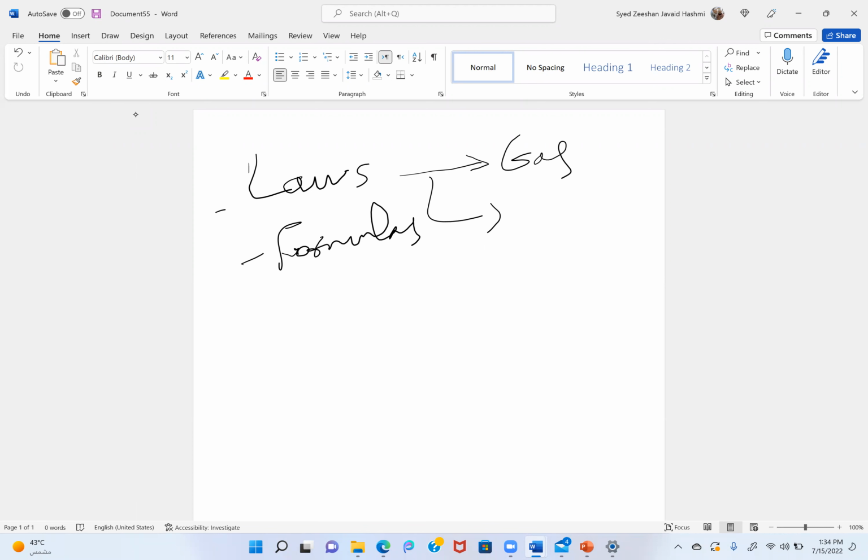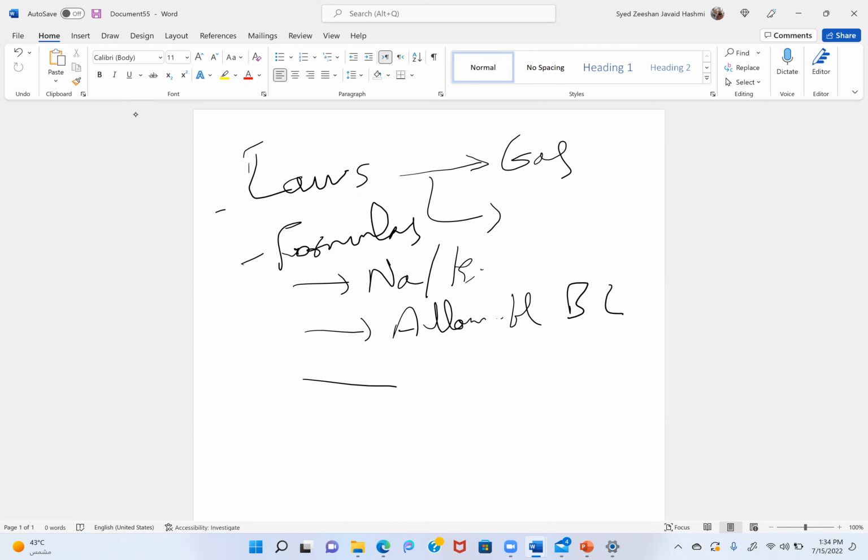Just think about them and revise them. Maybe you can make one day for these equipment and laws, and then formulas. Formula for correction of sodium and potassium, formula for allowable blood loss, and things like that. You can have a list of the formulas. So one thing you will be doing is a list of formulas and laws.